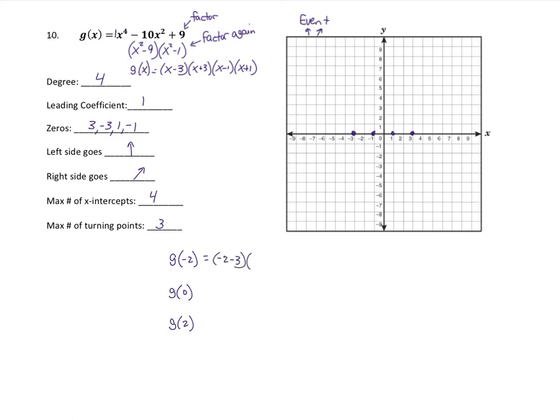Negative 2 minus 3, negative 2 plus 3, negative 2 minus 1, negative 2 plus 1. So it'll be negative 5 times 1 times negative 3 times negative 1. And so that is negative 15.